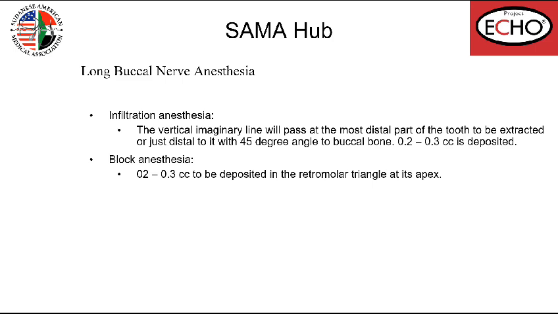For infiltration, the vertical imaginary line will pass at the most distal part of the tooth to be extracted or to be treated, or just distal to it, with a 45-degree angle to the buccal bone. You will just give 2 to 3 milliliters at a very slow rate.